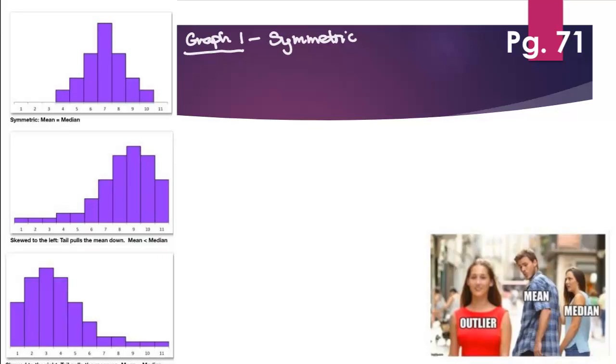If you have a symmetric graph, can you say anything about the mean and the median? First of all, what would my median be here? 7. Median is middle, right? The M and the D, median, middle. So my median is 7. What about my mean? The mean is the average.